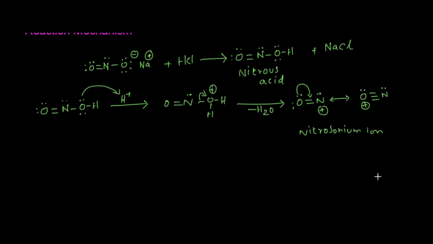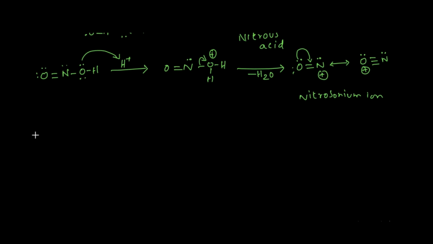Now this electrophile is going to be attacked by the amine, NH2. Now you see, like this, the lone pair electron of this nitrogen attacks this nitrogen of the nitrosonium ion, and the pi electrons are getting delocalized.